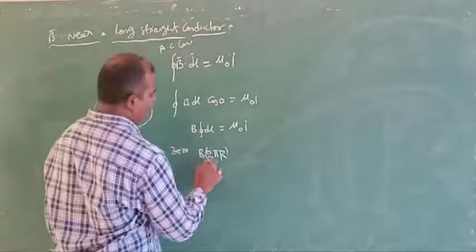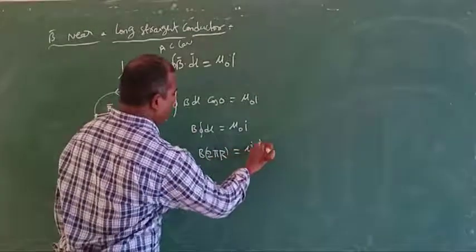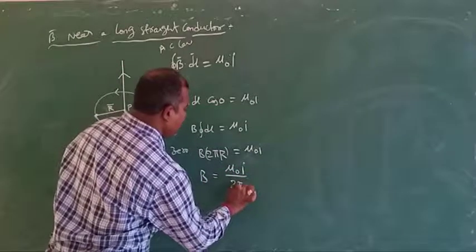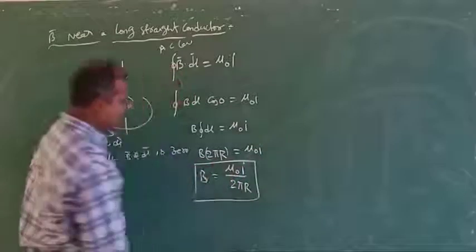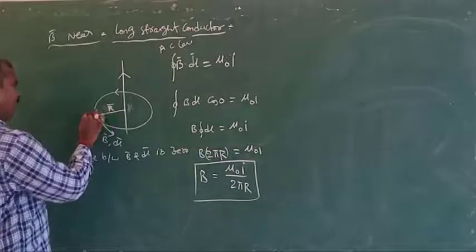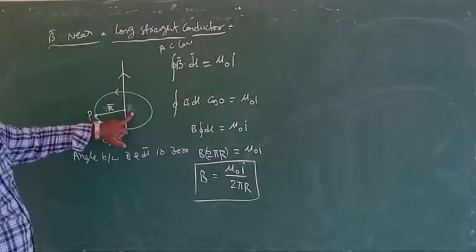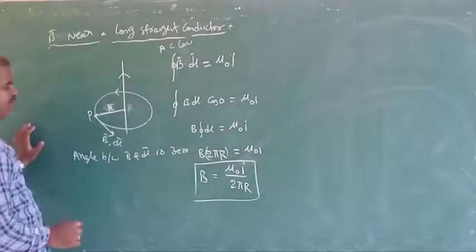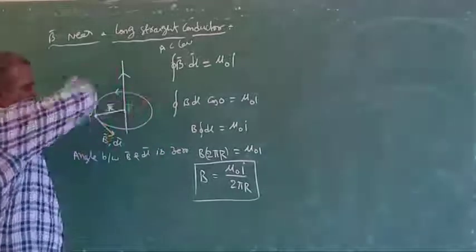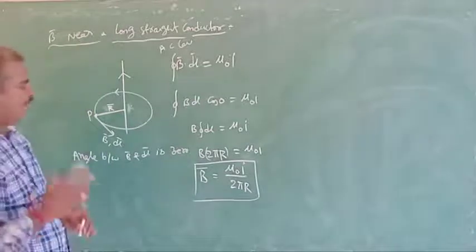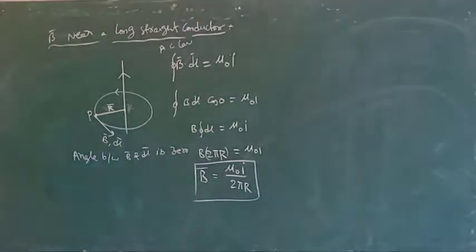Then B times 2 pi r is equal to mu naught I. So the magnetic field induction B is equal to mu naught I by 2 pi r. This is the magnetic field induction at point P, which is at a distance r from the current carrying wire.